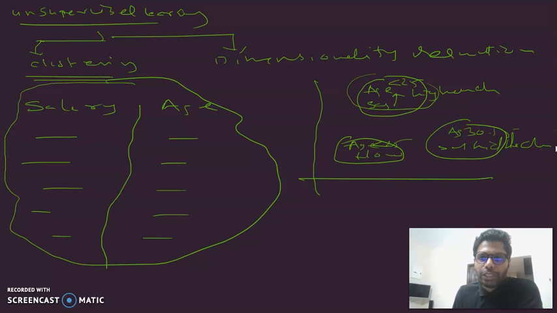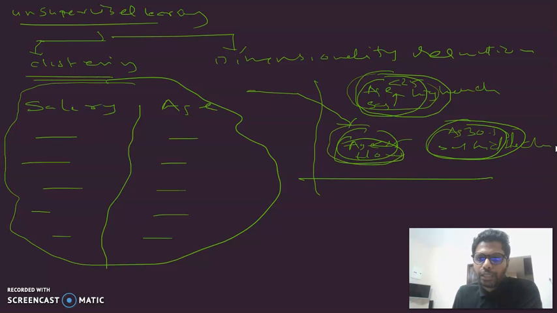So what I actually did is make this into groups based on the data set, so that in future, if I want to sell a product, I can target the groups.